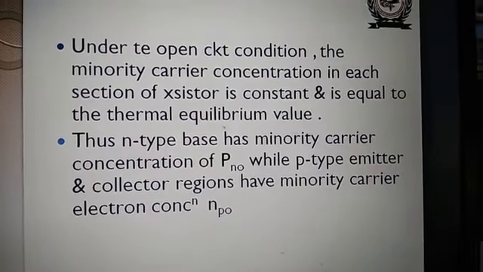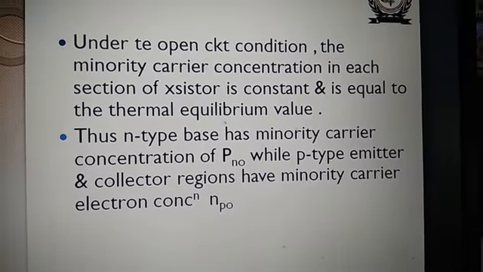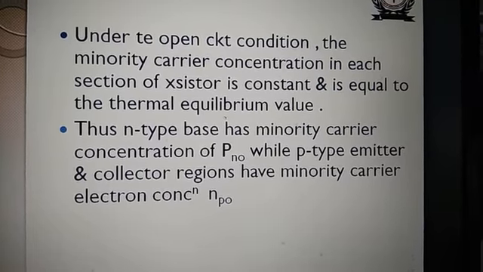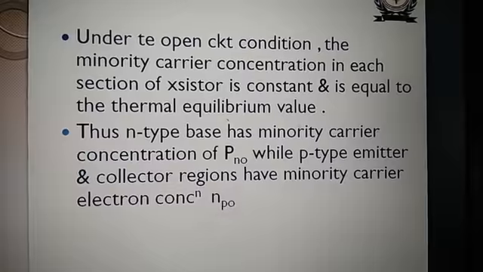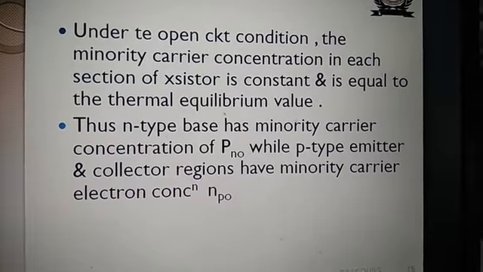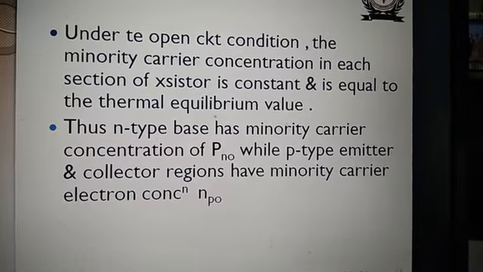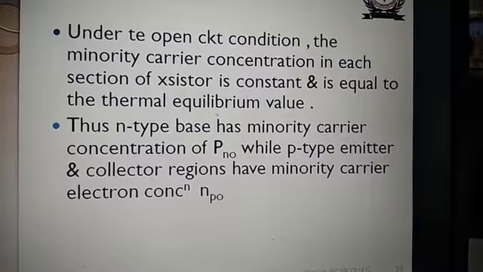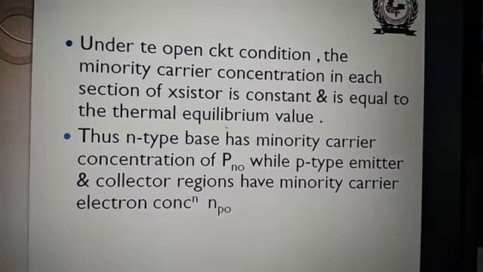Under the open circuit condition, the minority carrier concentration in each section of the transistor is constant and equal to the thermal equilibrium value. Thus, the N-type base has a minority carrier concentration of PNO.